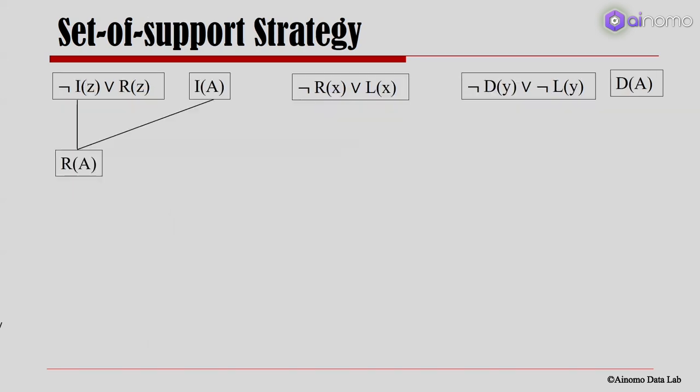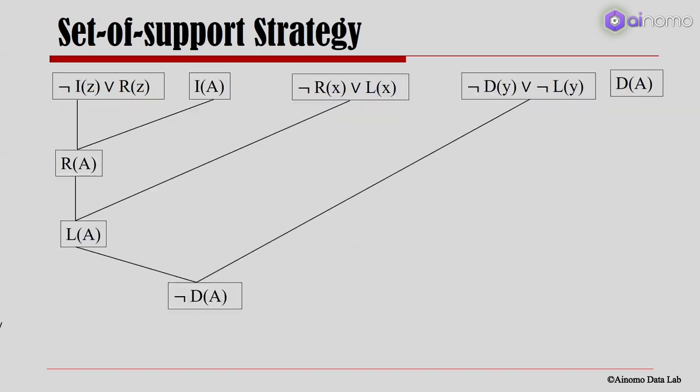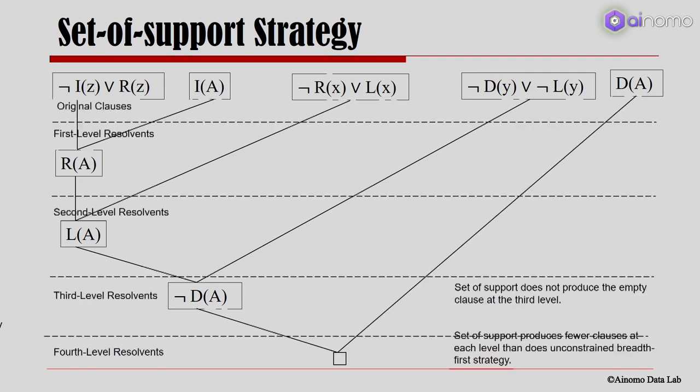Now, if you focus your attention only on the set of support and the proof that I have obtained, you can see that the set of support produced the empty clause at the fourth level, and was unable to get to the empty clause at the third level for this problem. However, it did produce fewer clauses at each level than the unconstrained breadth-first strategy.